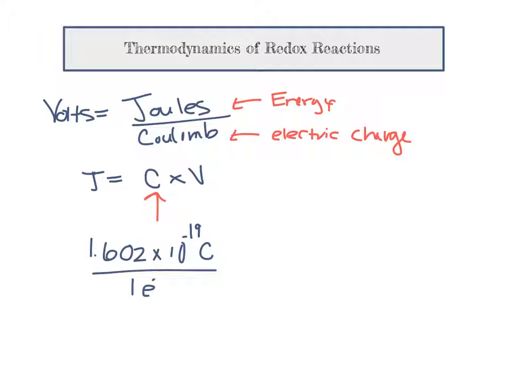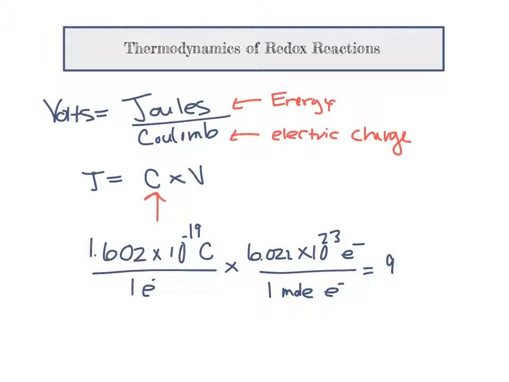And if we multiply that times a mole of electrons so that we can use stoichiometry, we have times 6.022 times 10 to the 23 electrons inside of 1 mole of electrons. And that number gives us something called the Faraday constant.